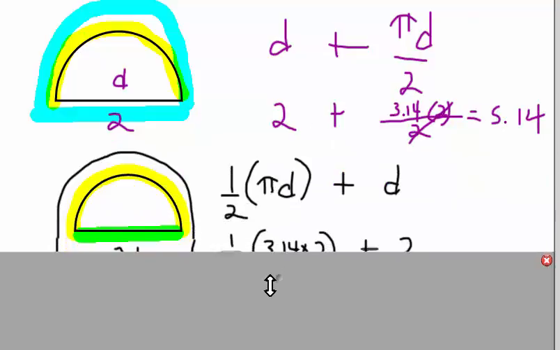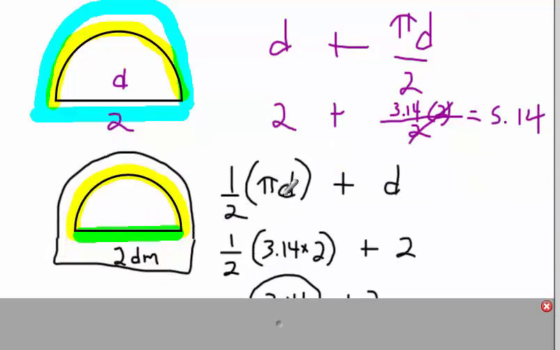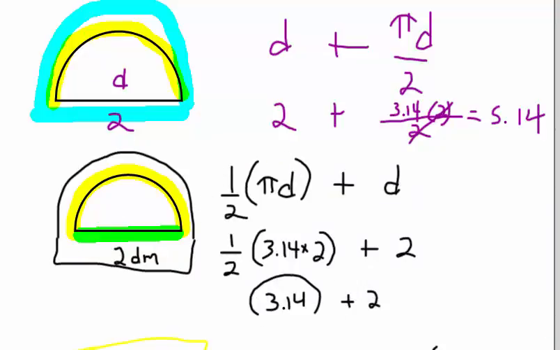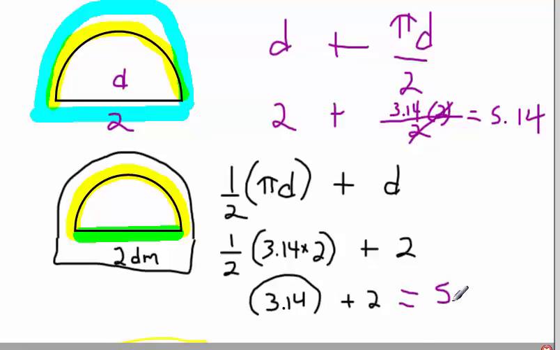Again, looking at that, half of the perimeter plus the diameter, add those together and you end up with 5.14. Don't forget that straight part if you want to go all the way around the shape.